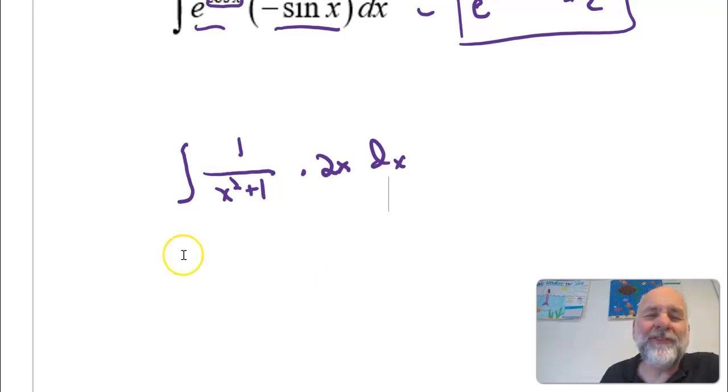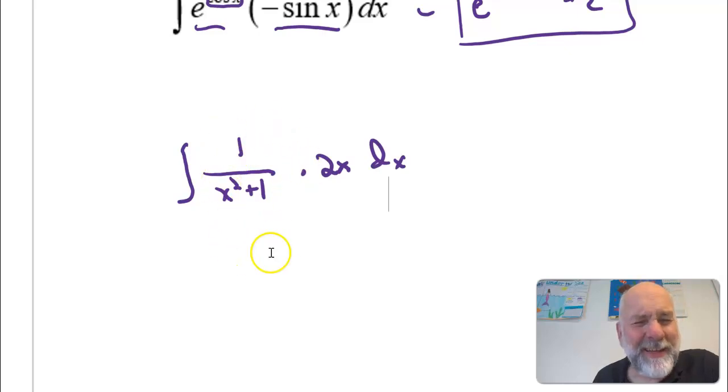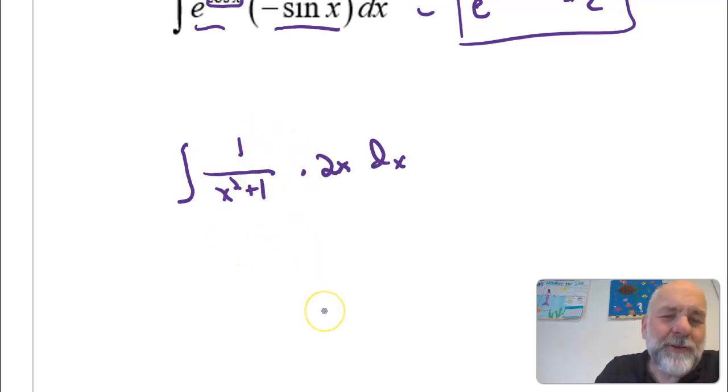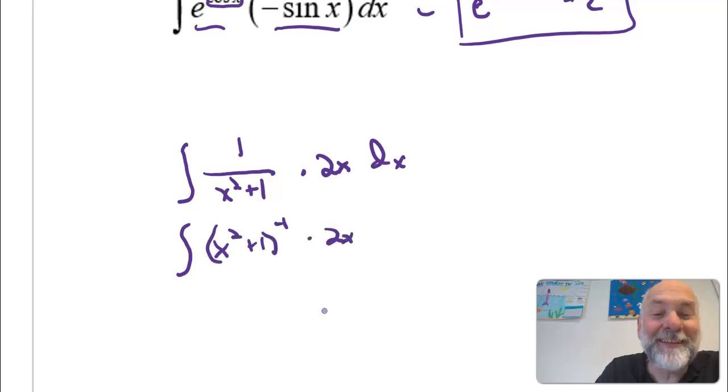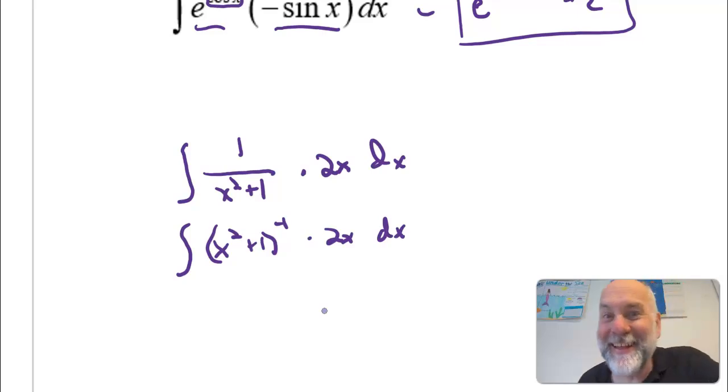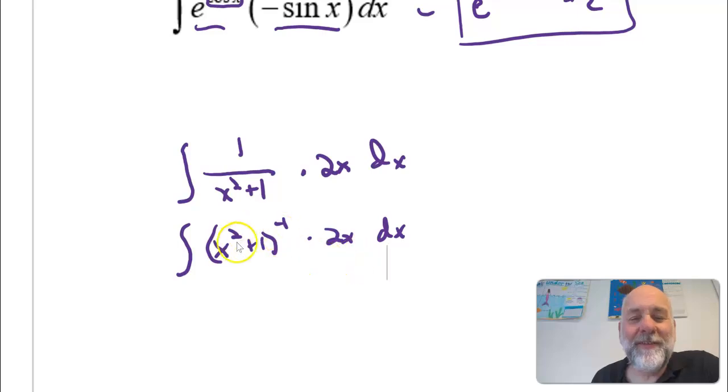Right. So this is a little tricky here because it's like, wait, what's the inside function? If you want to, you could think of this as x squared plus 1 to the negative 1, and then it definitely looks like an inside function, right? And then it's like, oh, okay, now I see it. So the derivative of the inside, already there.